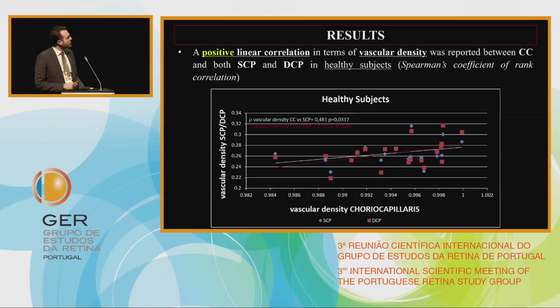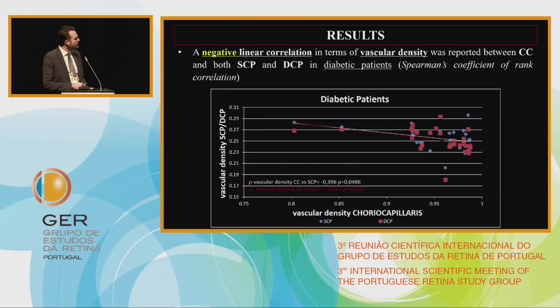A positive linear correlation in terms of vascular densities was reported between the choriocapillaris and the superficial or deep capillary plexus in healthy subjects. This corresponds to the function of the perfusion at the level of the choriocapillaris and the retinal layers in a healthy subject. But interestingly, a negative linear correlation in terms of vascular density was reported between the choriocapillaris and both retinal plexuses in diabetic patients.